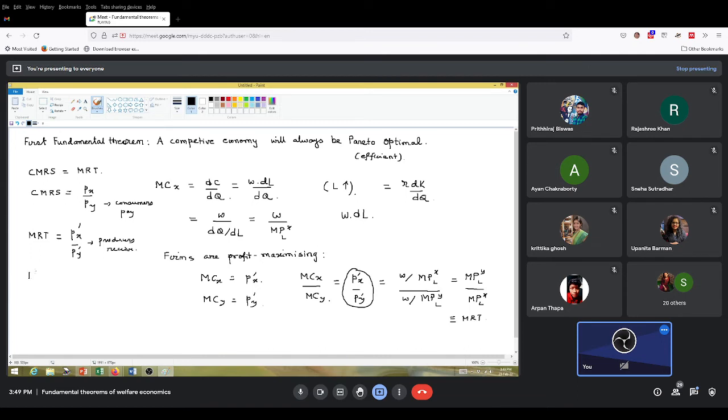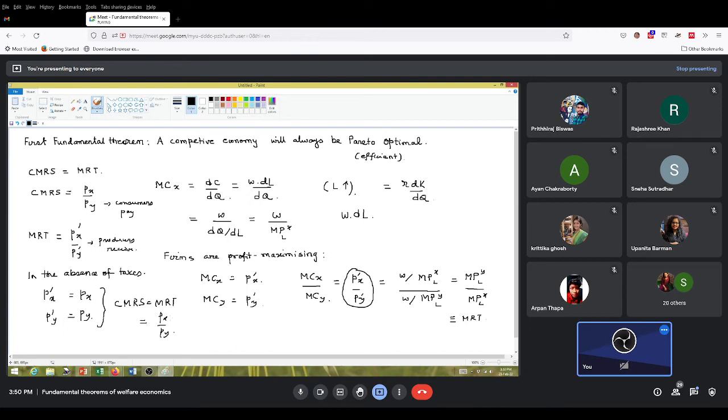So in the absence of taxes, we are going to have, so basically what we get is CMRS is equal to MRT, this is equal to prices.